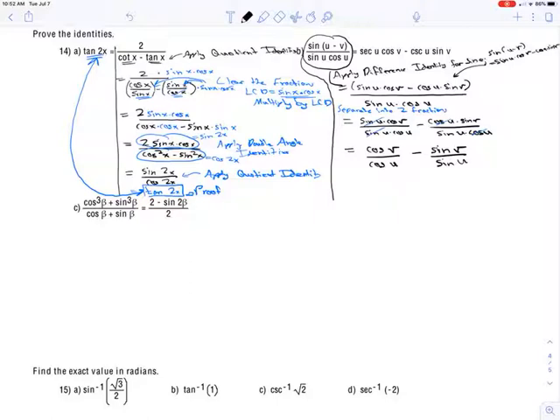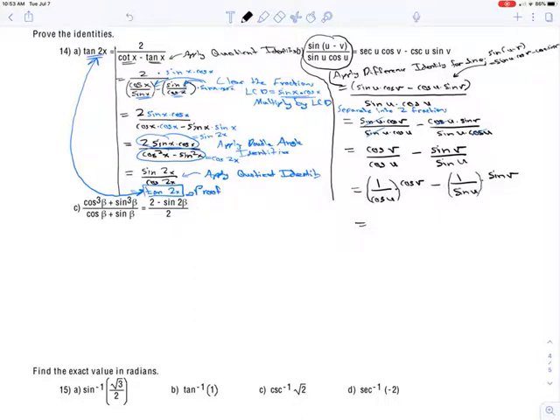We want to match up the right-hand side, which is secant u cosine v minus cosecant u sine v. So this is equal to 1 over cosine u times cosine v minus 1 over the sine of u times sine v.